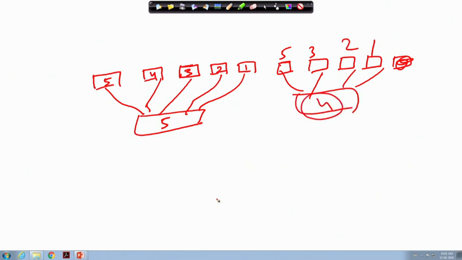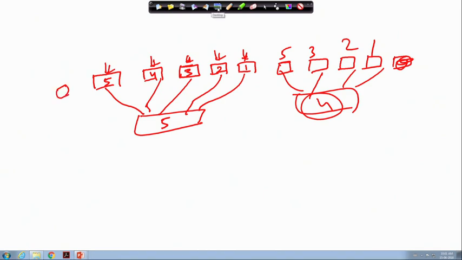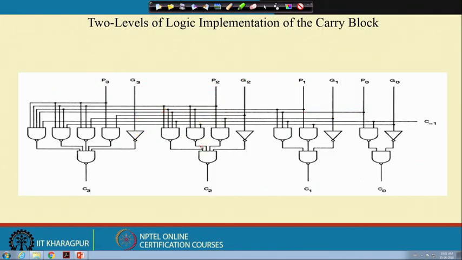Something like this. That means it has 5 inputs, 4 inputs, 3 inputs, 2 inputs, and 1 input. Whenever we are considering this, the levels are 2 only, that means 1 and 2.